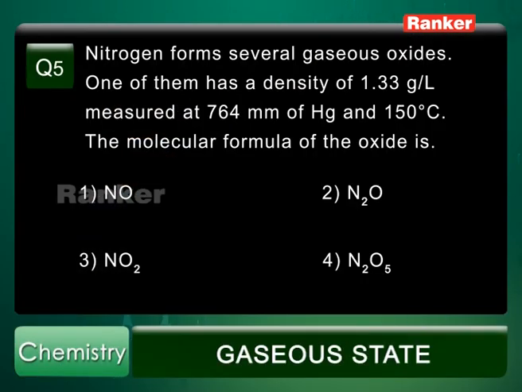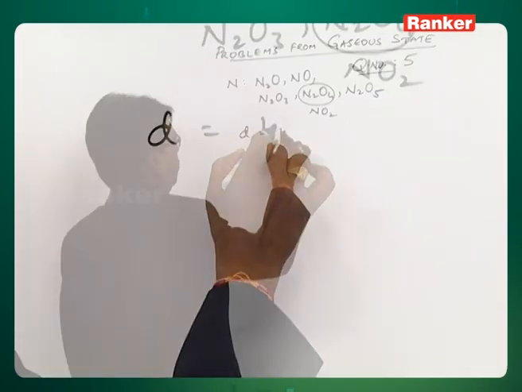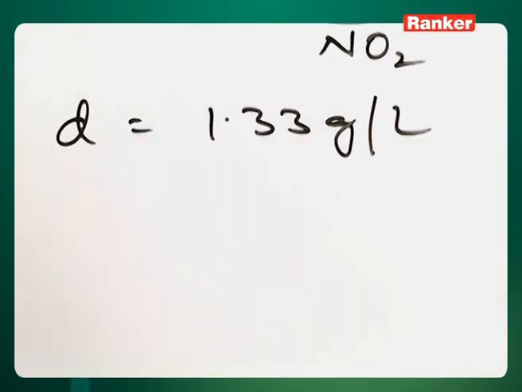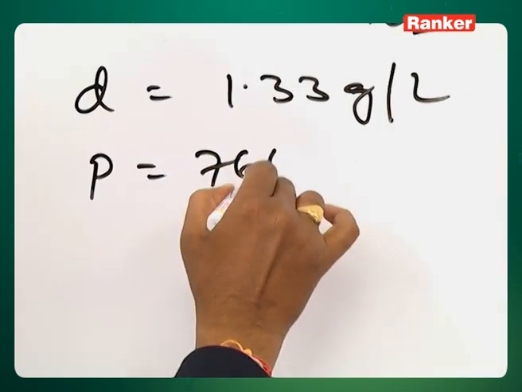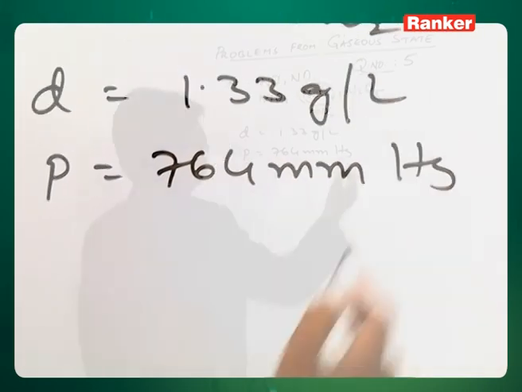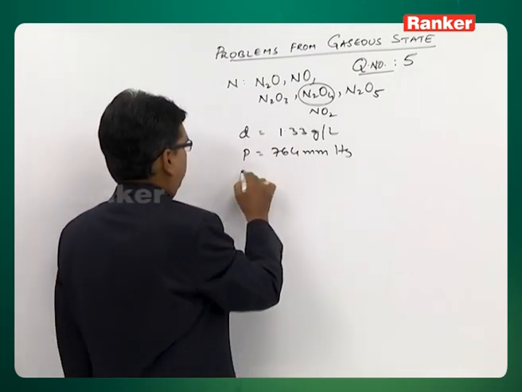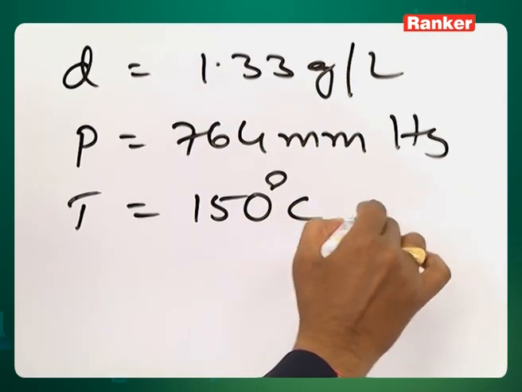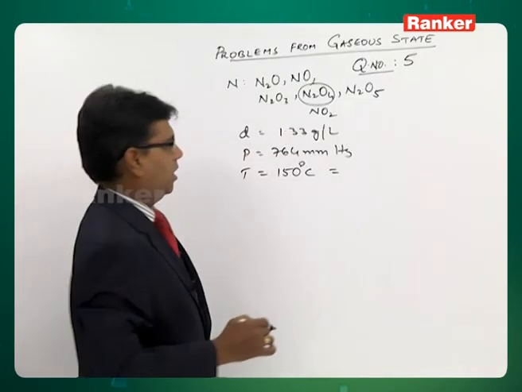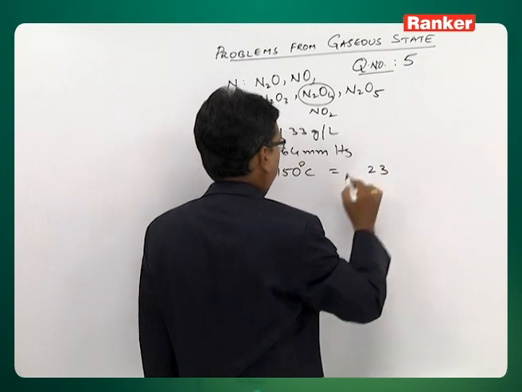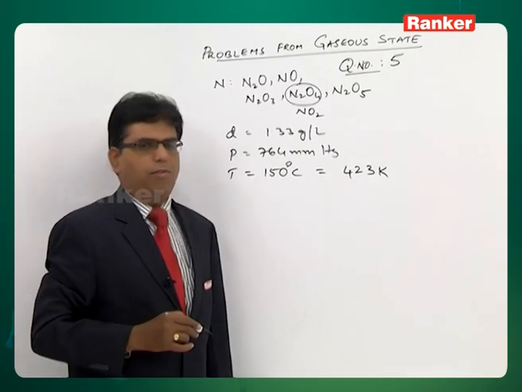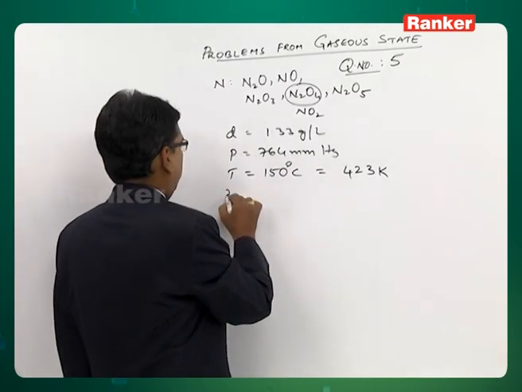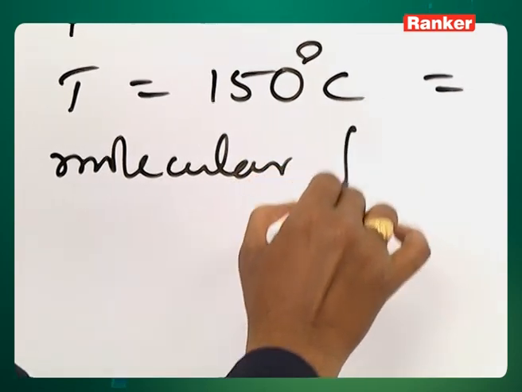One of the gases has a density of 1.33 gram per liter, measured at a pressure of 764 mm of mercury and temperature of 150 degree Celsius. 150 degree Celsius is 150 plus 273, 423 Kelvin. Find the molecular formula of the oxide.